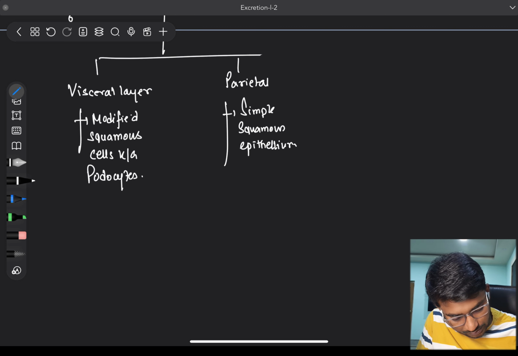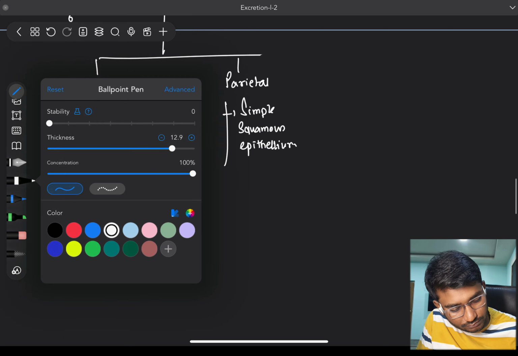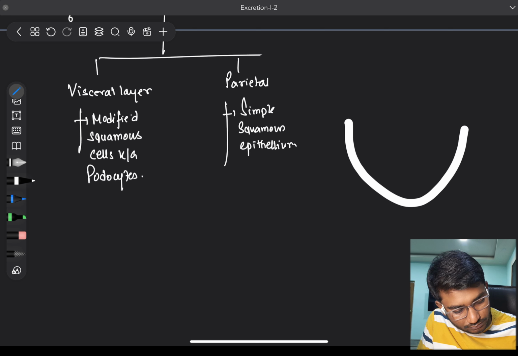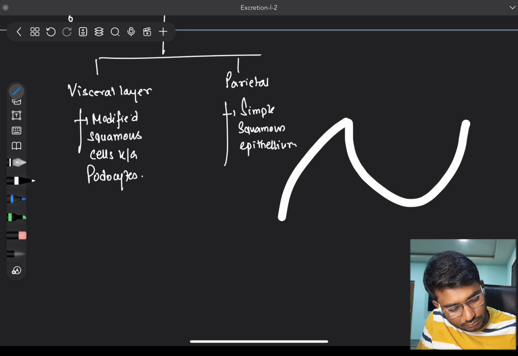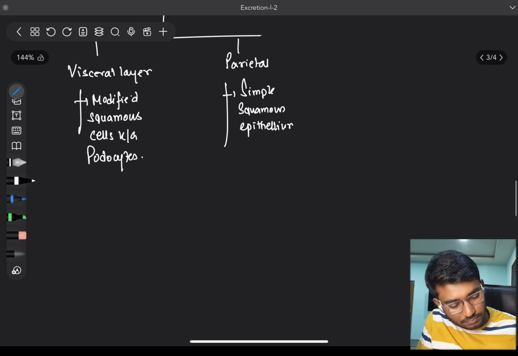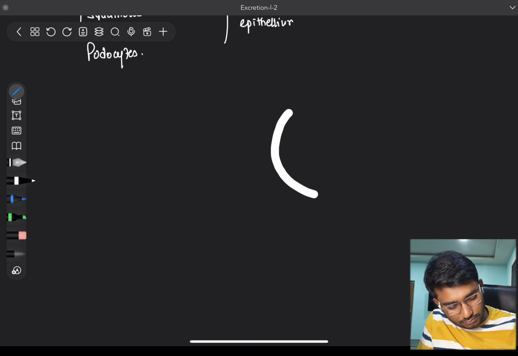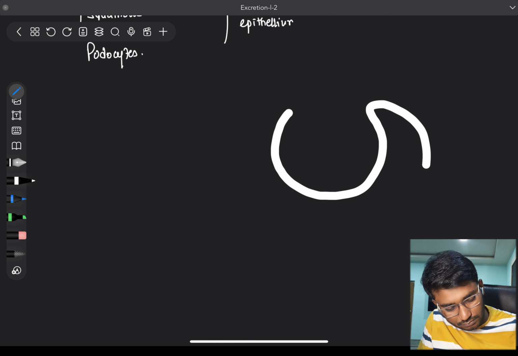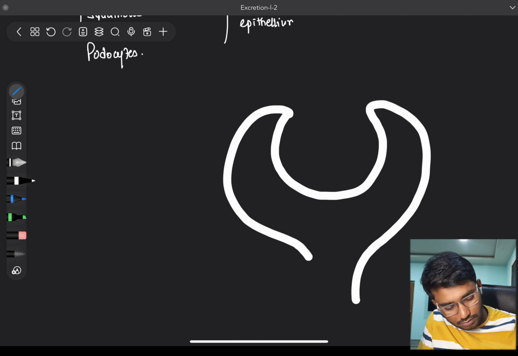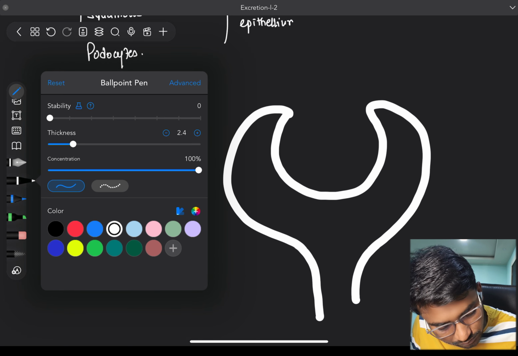Now, I am drawing a structure. Okay, wait. Now, come to this part.